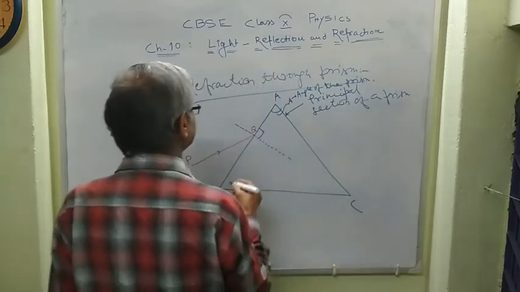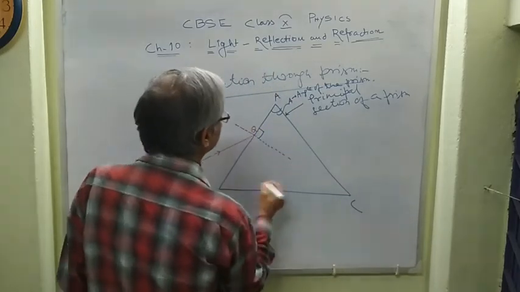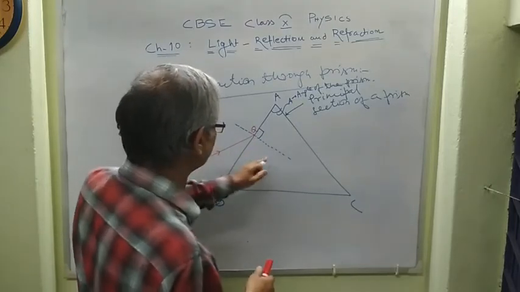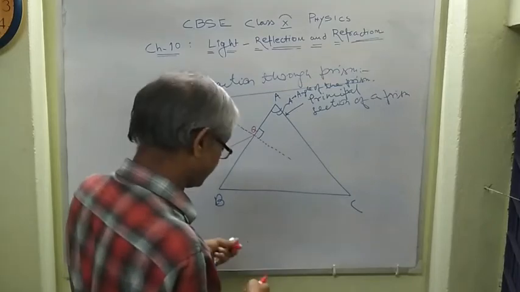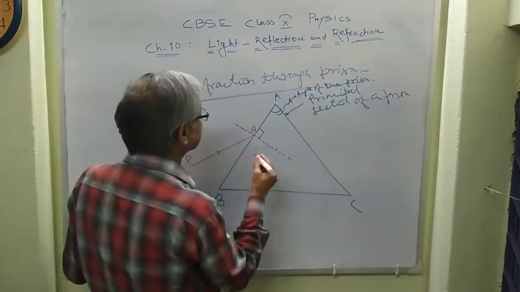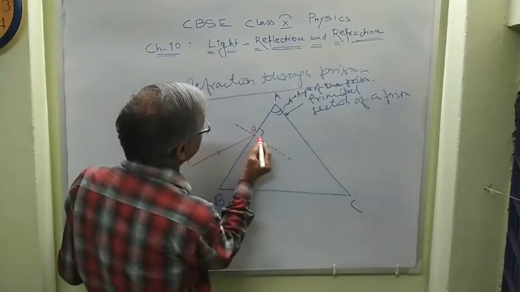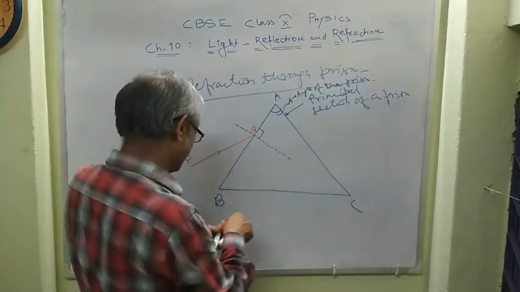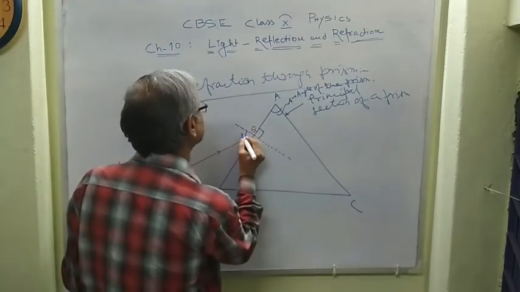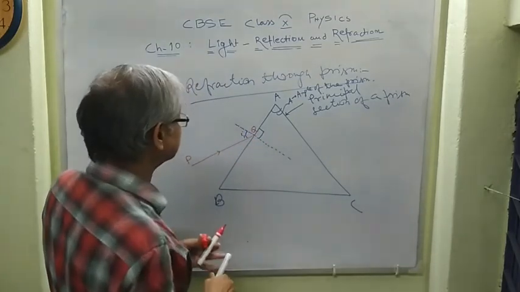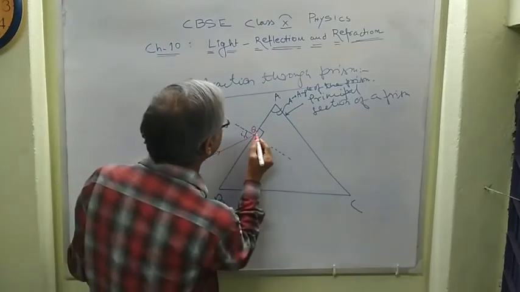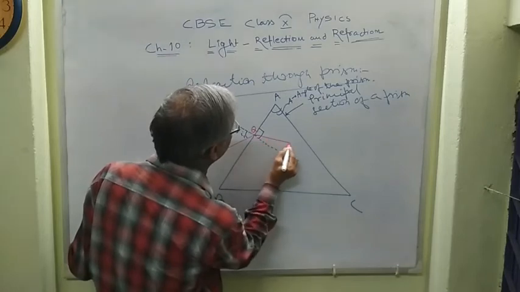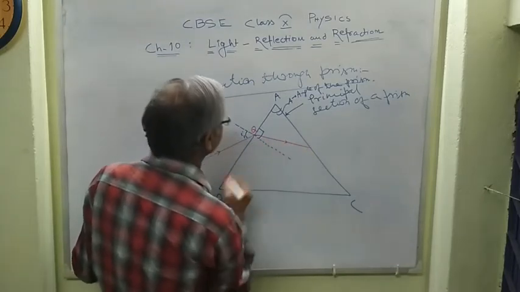Right? And since the light ray goes from air to prism, hence its angle of incidence, that is I1, is greater than the angle of refraction, that is the refracted ray bends towards the normal.